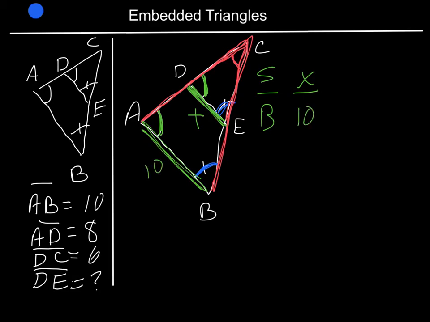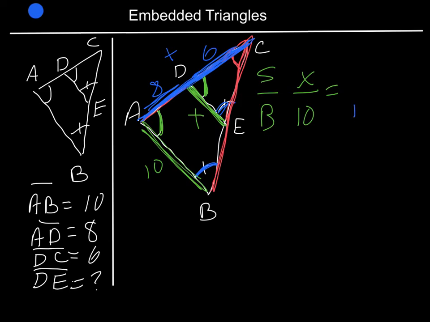So X over 10 is equal to, and then they tell me that AD from here to here is 8, and DC from here to here is 6. Well, that means that the side that I care about is this entire side all the way across, which is 8 plus 6, or 14. So this side here is 14, and that's the big side.